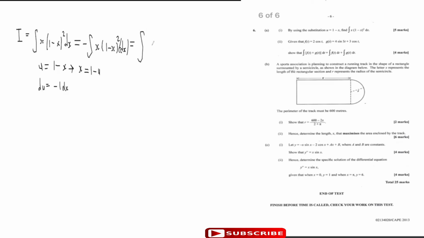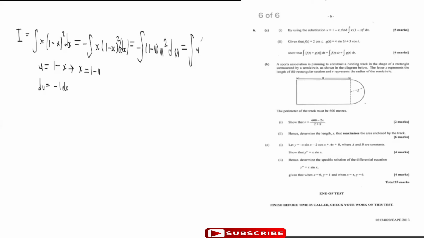This is now u squared, and x is 1 minus u, so I have 1 minus u being multiplied by u squared, and dx is minus du. Of course, I had a minus out here, and so this works out to be the integral of u squared times 1 is u squared minus u cubed.